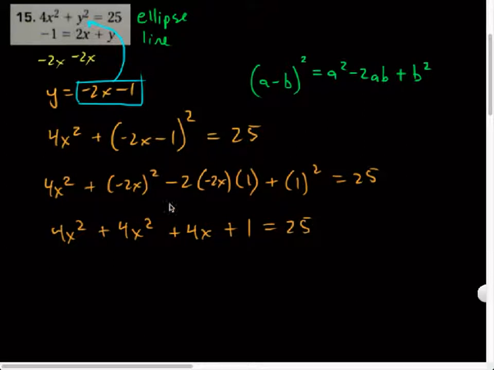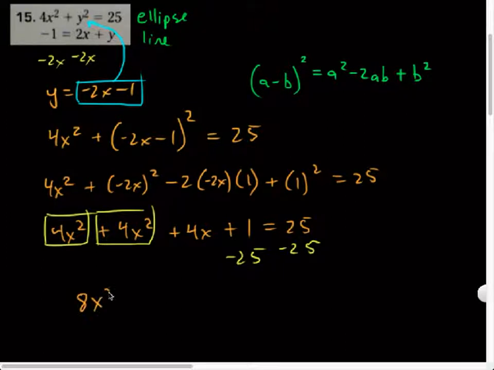So it looks like this is going to be a quadratic equation. So I'm going to group my like terms and then set it equal to 0. I could simultaneously subtract 25 from both sides. And I'll have 8x squared plus 4x minus 24 equals 0, if I'm not mistaken.